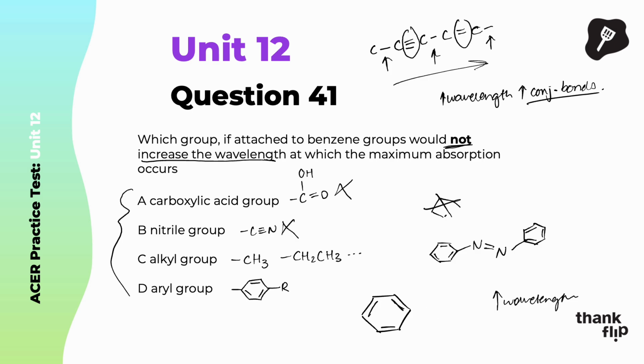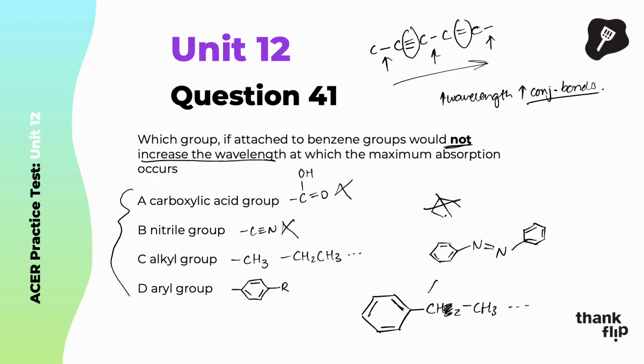And then again, I'm going to do the same thing with our alkyl group. An alkyl group is basically a chain of carbons and hydrogens that consists of single bonds. So this could be CH3, this could be CH2 attached to a CH3, etc. It could go on and on and on. And so alkyl groups don't contain any double or triple bonds.